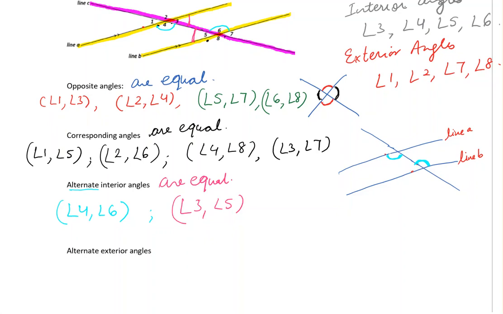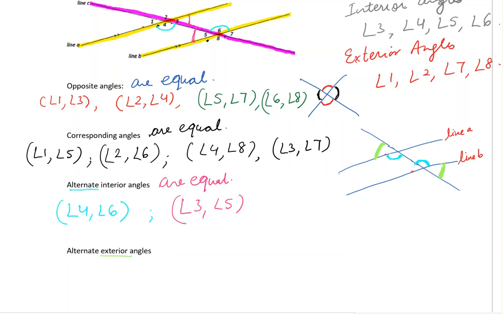Another pair of equal angles that we have are called alternate exterior angles. As the name suggests, they are on the alternate sides of the transversal, but exterior, outside of the parallel lines.